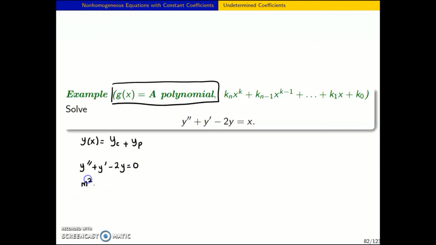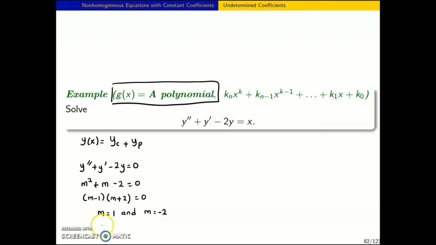I have m squared plus m minus 2 equals 0, and then factoring out, I have (m minus 1)(m plus 2) equals 0, therefore I have two different roots, m equals 1 and m equals minus 2.